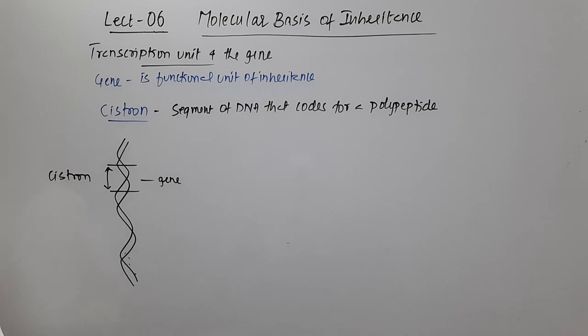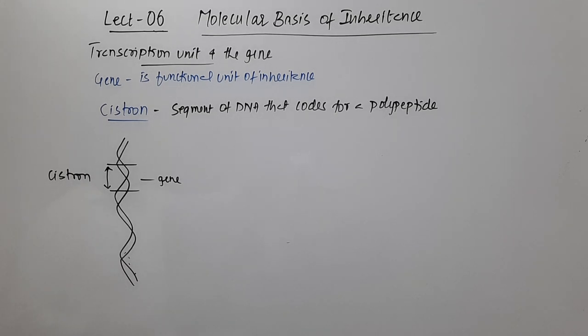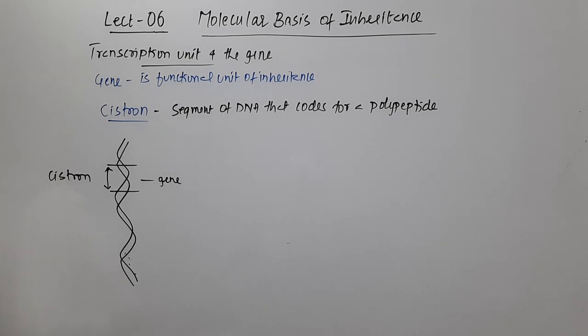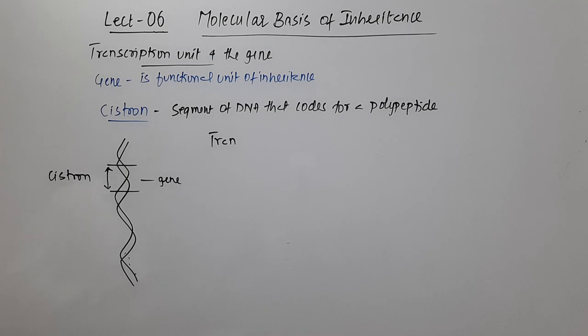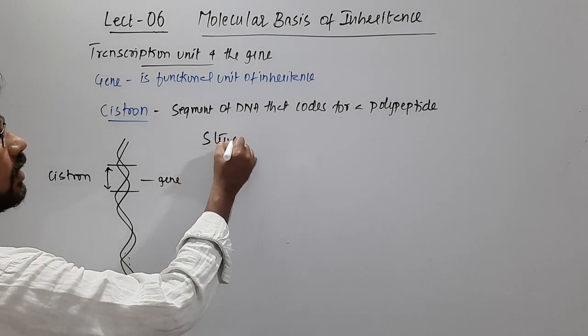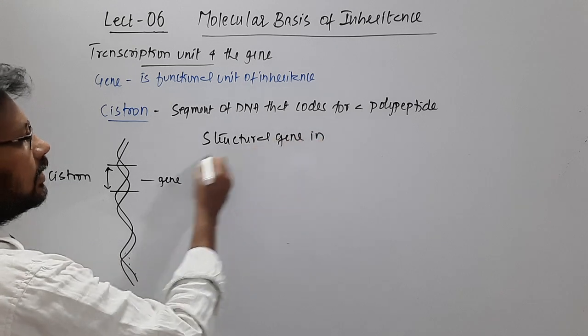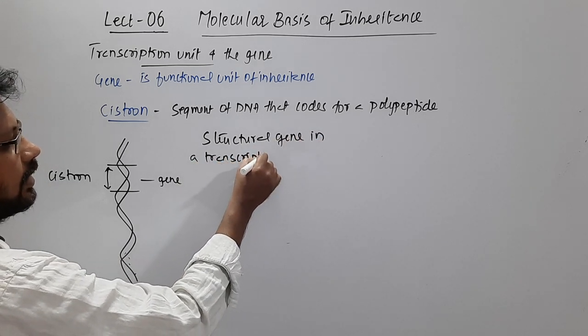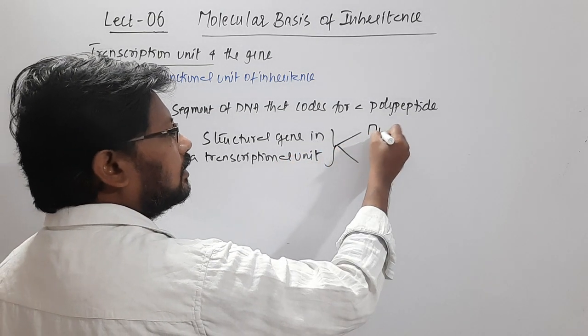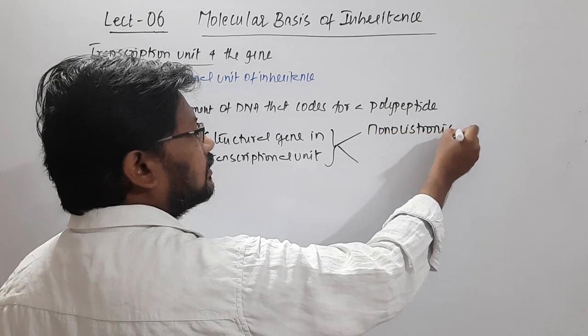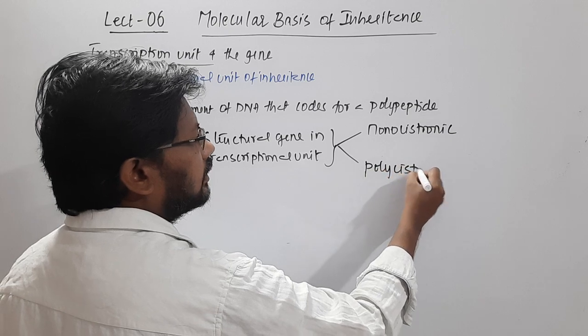Now the structural gene in a transcription unit can be monocistronic or polycistronic.